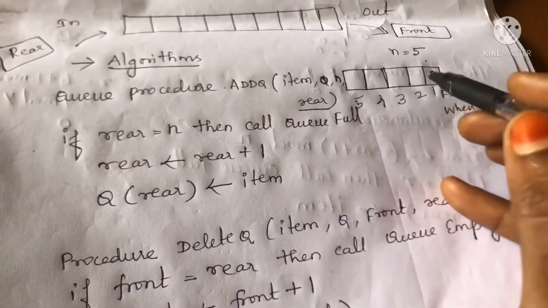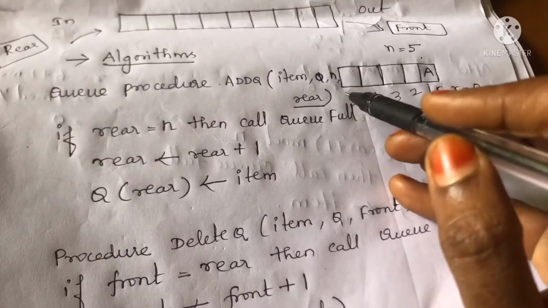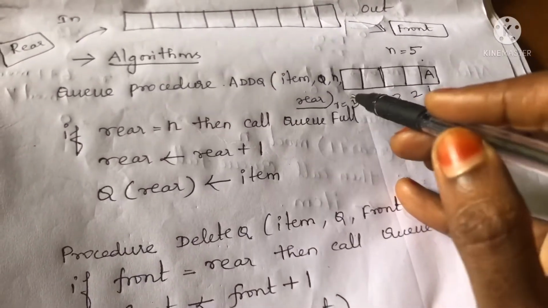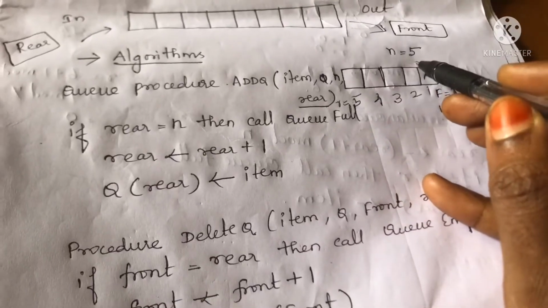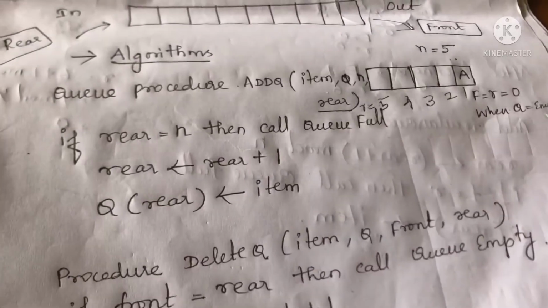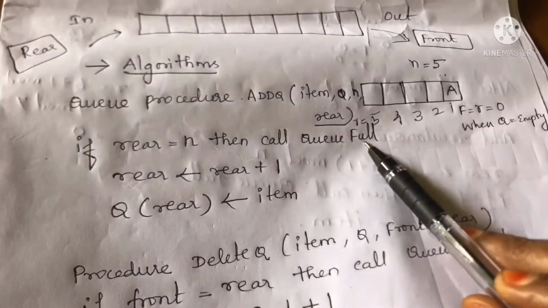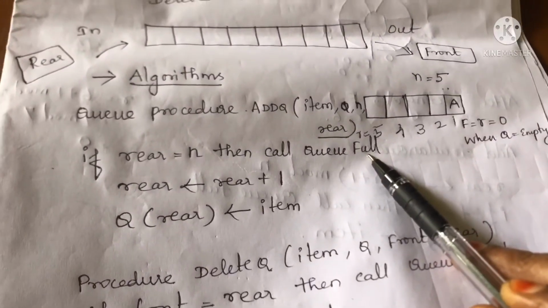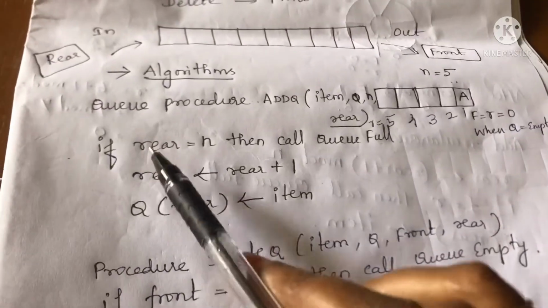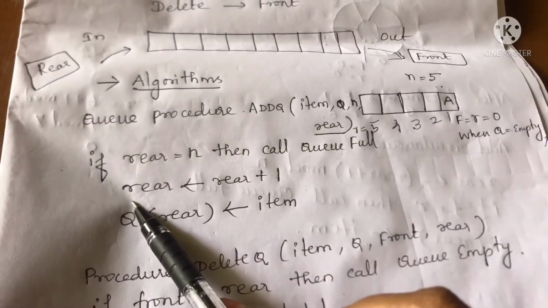Finally, rear equals 5, and n is also 5. If rear equals 5 and n equals 5, then call Q full. Otherwise, this condition is false, so move to the next line.